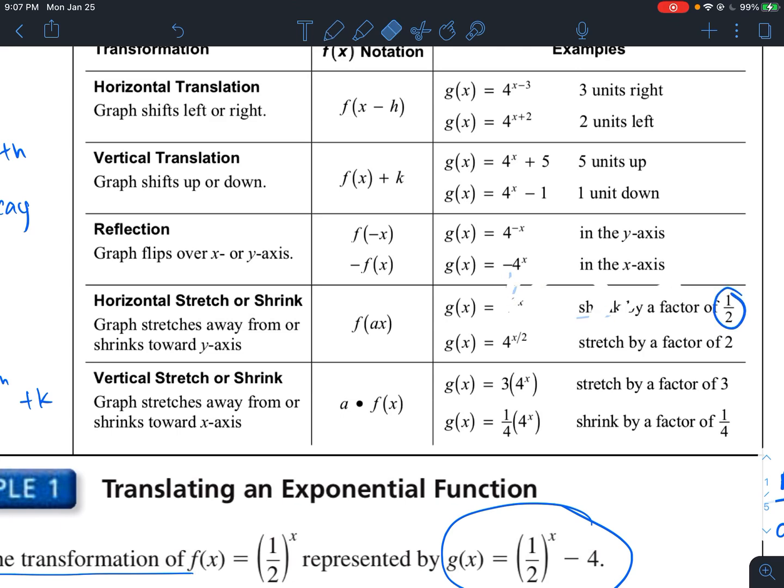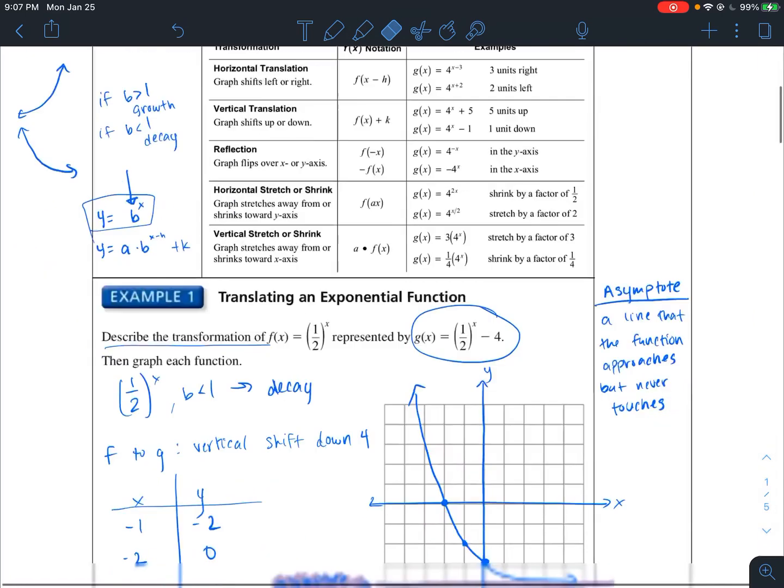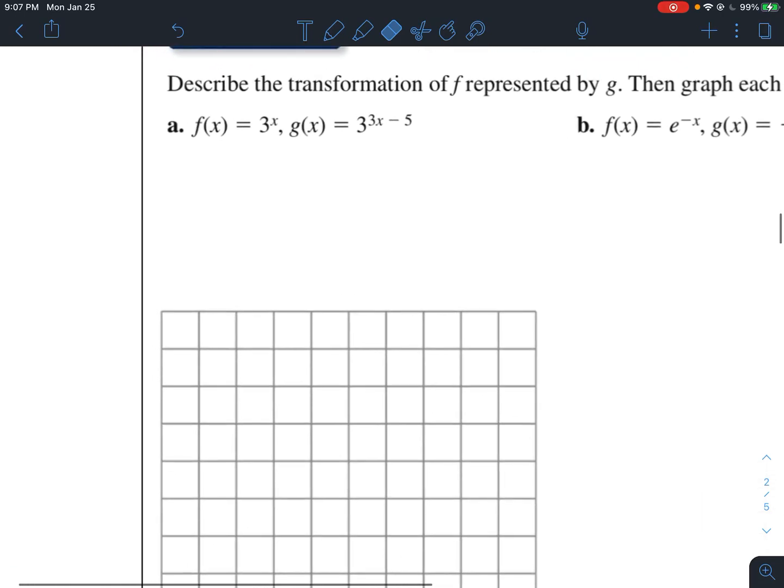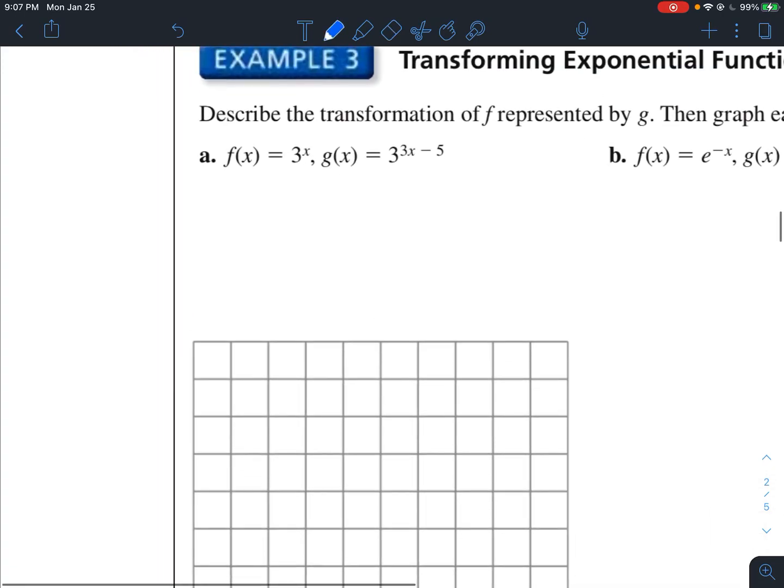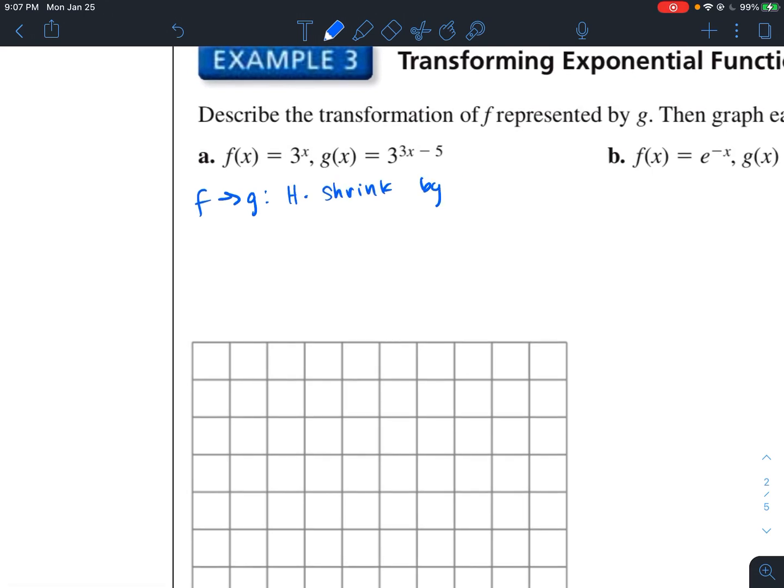Again, this is stuff that we've already talked about with other functions. If it's being multiplied inside, you always read it as the reciprocal. So if it's greater than 1, it's a shrink by a factor of that. So if we come back down here, describing the transformations from f to g, you have a horizontal shrink by 1/3. Horizontal shrink by 1/3.